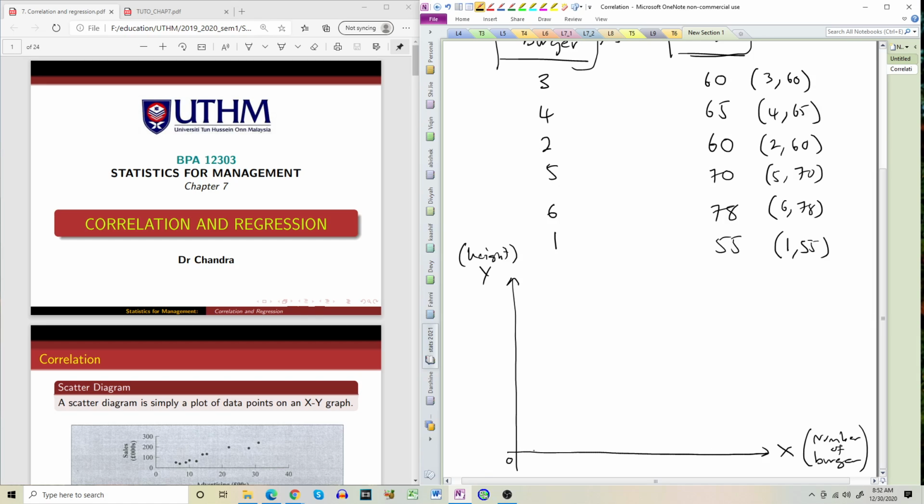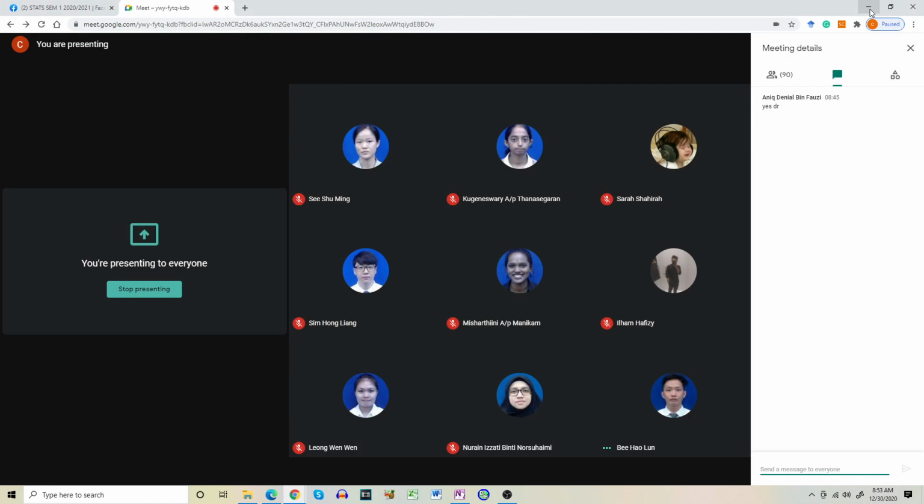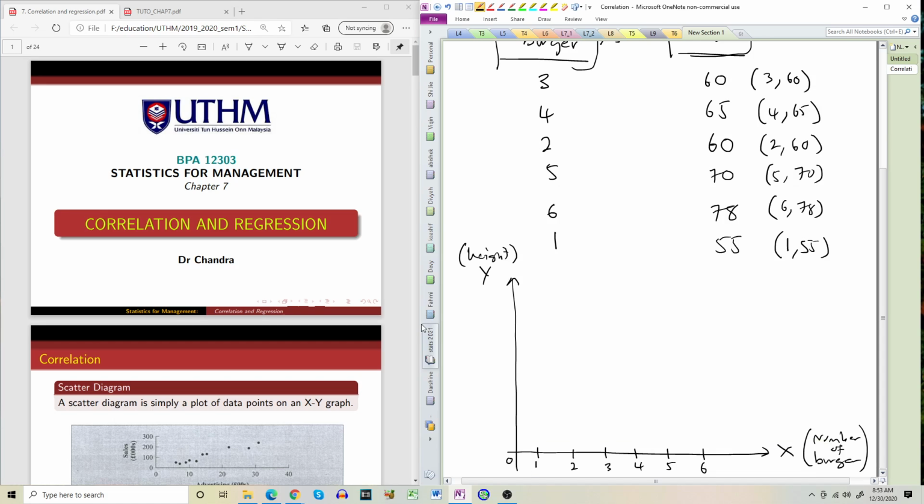So I start with 1, 2, 3, 4, 5, 6. I just want to plot and see how the data is represented in a Cartesian plane.